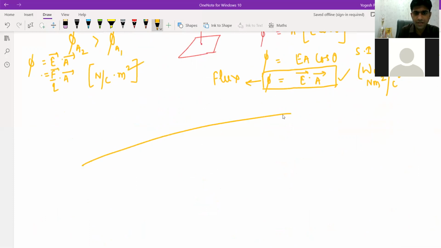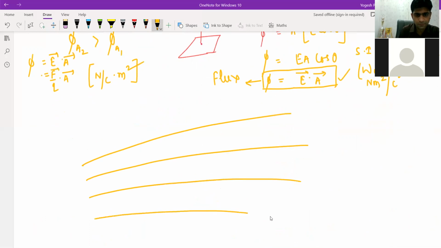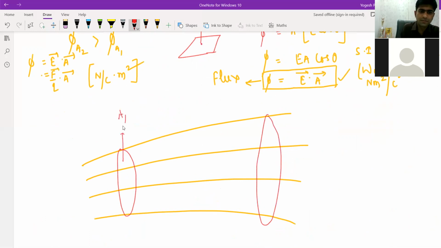If I draw a diagram like this, and take two areas here, area 1 and area 2, which region is considered the strong field region and which the weak field region, and why?